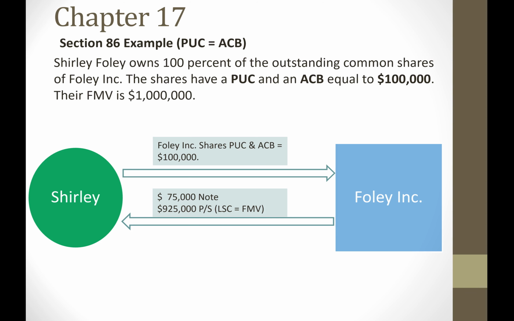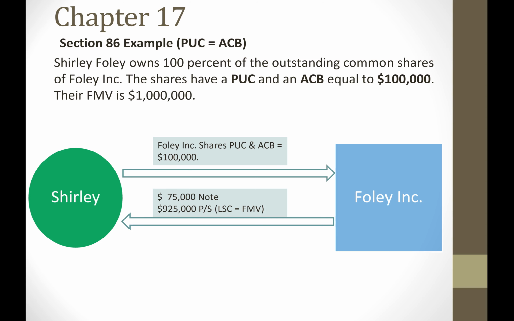So the total value that she gets back must equal the fair market value of the shares that she's going to give up. And so once again, if she was to sell those shares, let's say to another party, she would be triggering a capital gain of $900,000. The fair market value minus the ACB, that would be the capital gain.